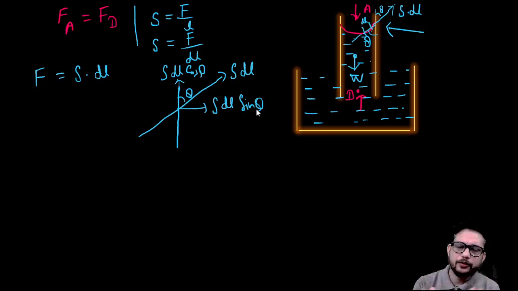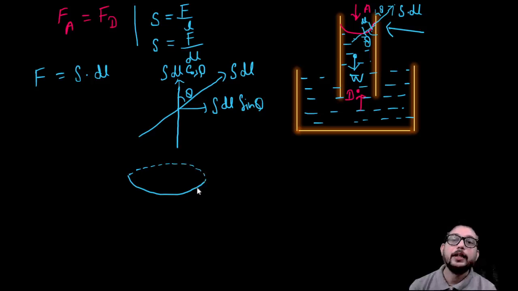Now if we draw the meniscus like this, you can see that elements can be chosen anywhere, here, here, and here. Each element has two components: one will be dl sin theta, whereas the other will be dl cos theta.